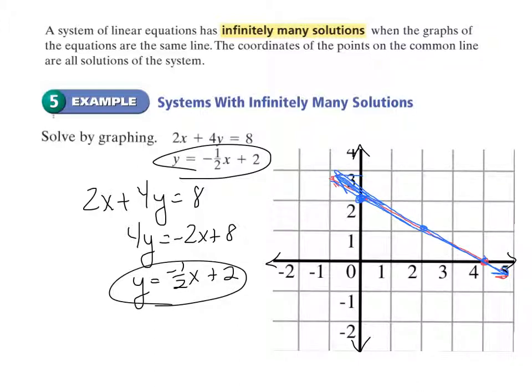If you have the same line, your equation should be the same. If you're like, Mr. Humphreys, do I really need to graph this? I can tell you they're the exact same line. The answer is no, because you can tell by looking at it, they're the same line. They have the same slope, same y-intercept. There is infinitely many solutions. So your answer is infinitely many solutions.